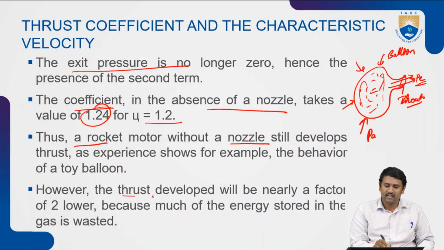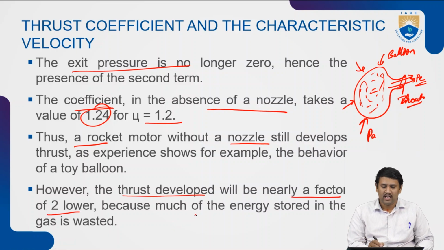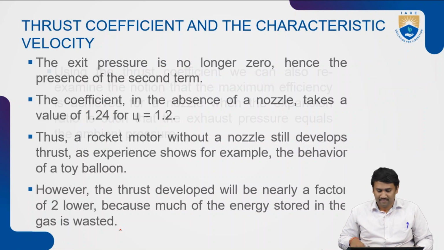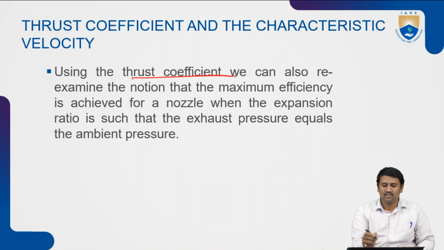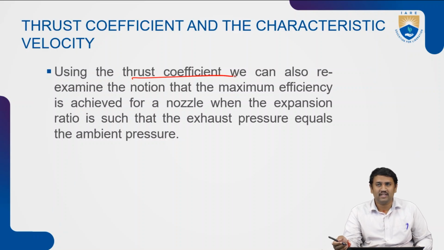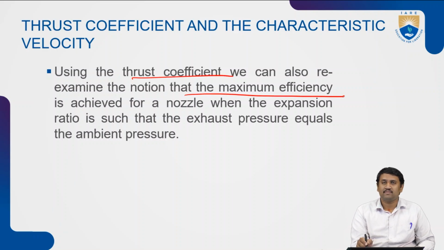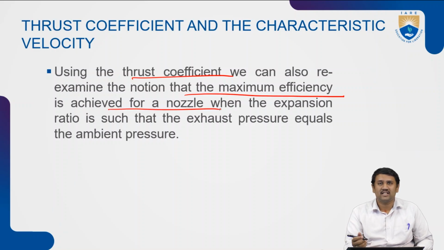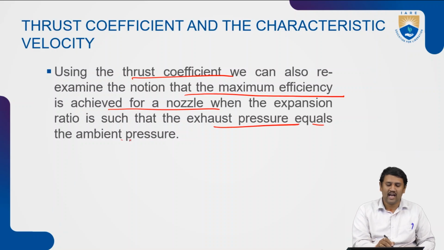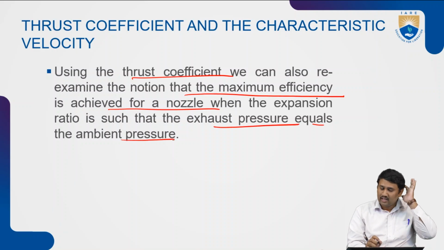However, the thrust developed is lower by nearly a factor of 2, because much of the energy stored in the gas is wasted. Using the thrust coefficient, we can also re-examine the notion that the maximum efficiency is achieved for a nozzle when the expansion ratio is such that the exhaust pressure equals the ambient pressure, right?